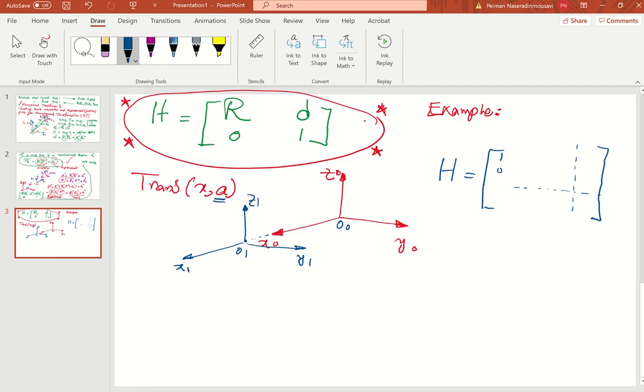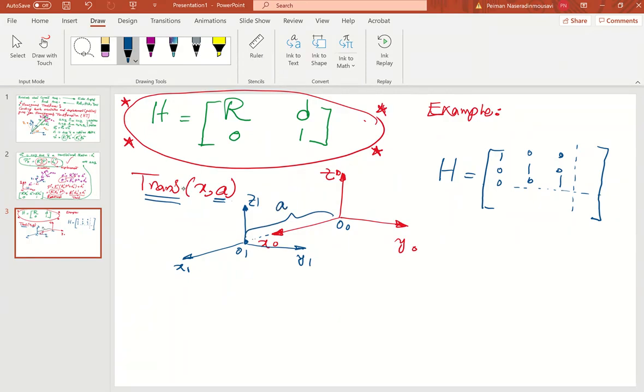The angle with respect to this is 0, 0, 0, 1, 0, 0, 0, 1, because we don't have any rotation. We are only translating everything. And now the d part: the only displacement or translation that happens is along x, for a. That's right, for a.